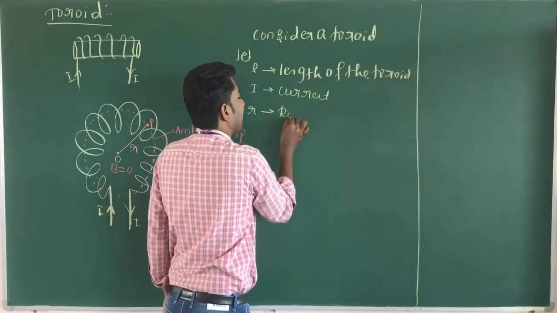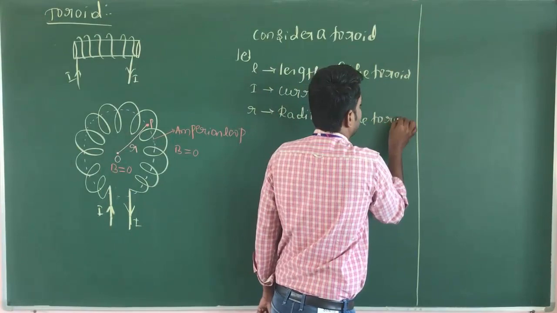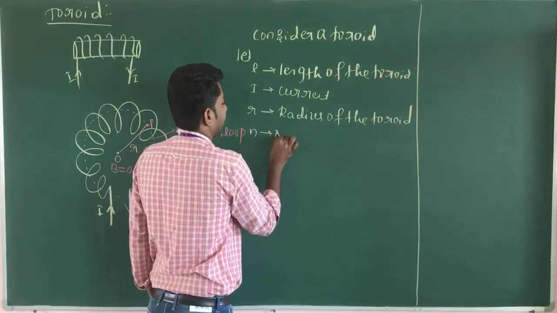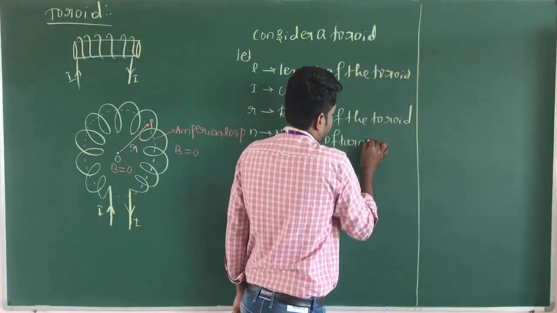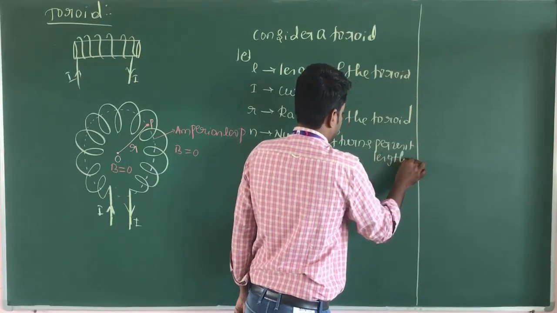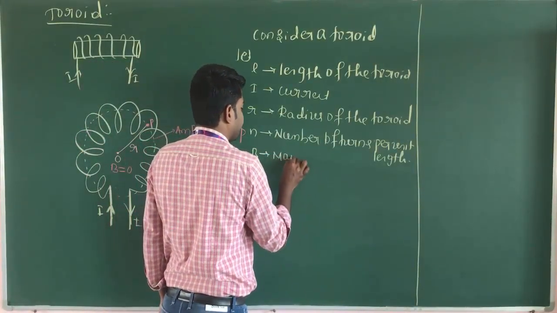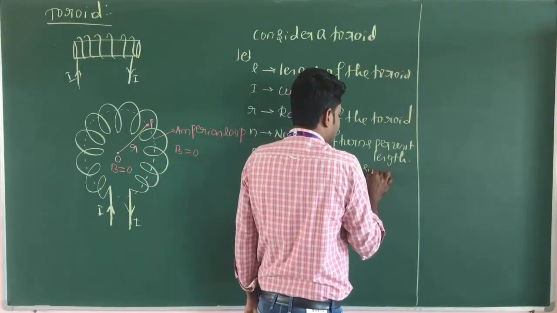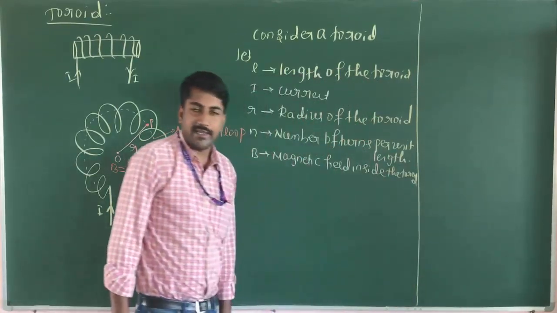R is the radius of the toroid and n is the number of turns per unit length, and B is the magnetic field inside the toroid.